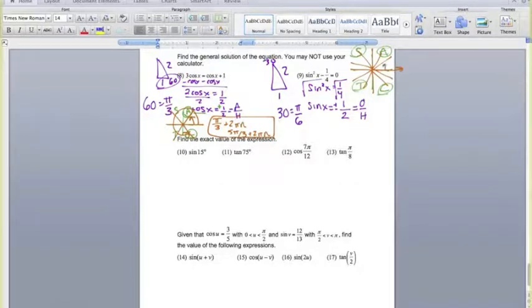So in the first quadrant, I just go 1 piece. So 1 pi over 6. In the second quadrant, I go 5 pieces. In the third quadrant, I go 7 pieces.